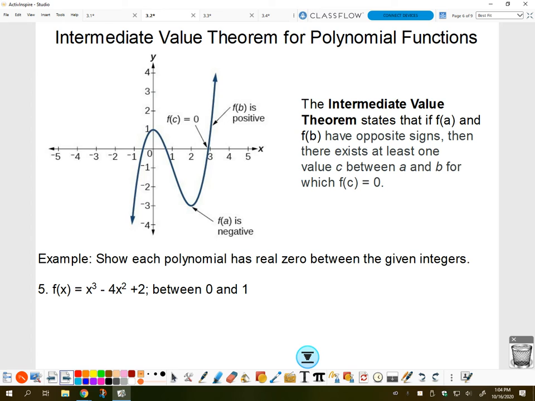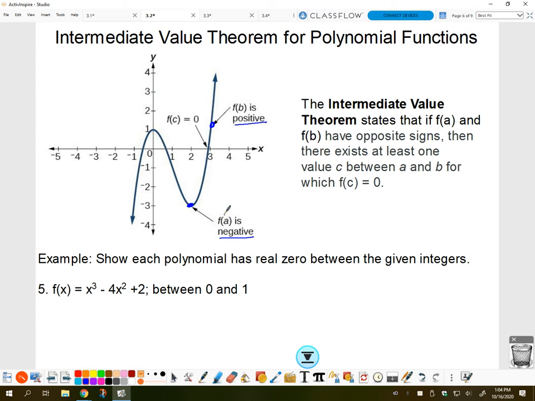Intermediate value theorem says that if f of a and f of b have opposite signs, then there is at least one value between a and b where the function is 0. So if f of a is, let's say, this point, and f of b is this point, they have opposite signs. This is obviously negative, and this is obviously positive. Then somewhere in here, we have to hit 0.